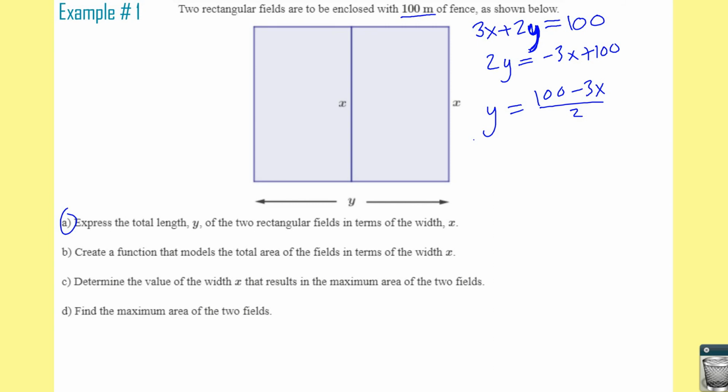So then it says, write a function that models the total area of the fields in terms of the width. So the area, we know that is just length times width. So x times y. So we want to write it as a function, so in terms of x. So we know we have an x here, and we can replace this y with this y.